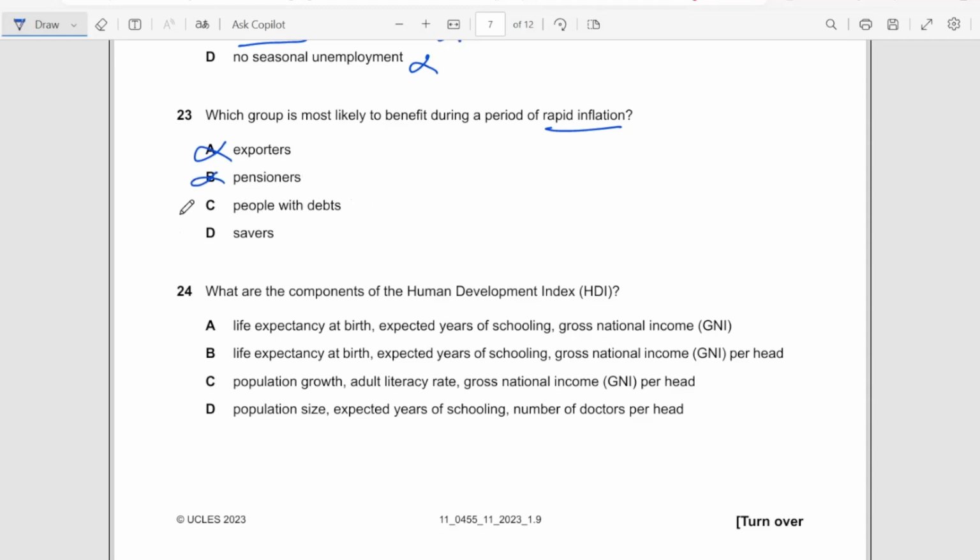People with debts, wow, they are enjoying it when there's inflation. Let's say I borrowed $100,000 and immediately bought a car, or a house, and because of inflation, the price of my house or anything else that I bought using that money doubled. Now the good that I bought has doubled in value, and I have to pay back my debts.